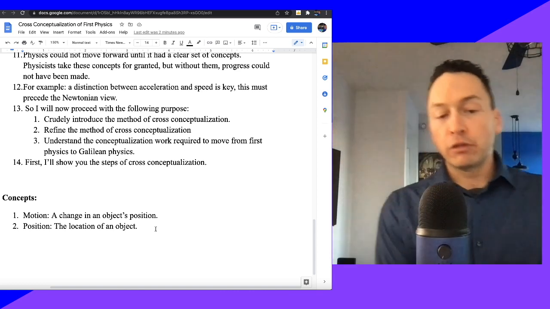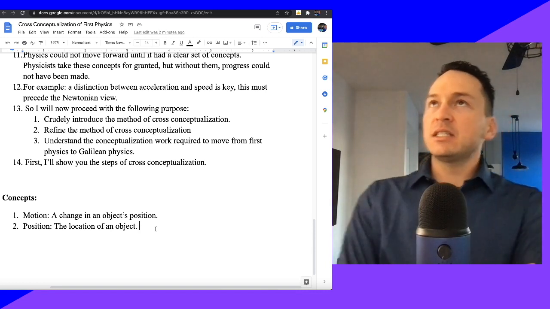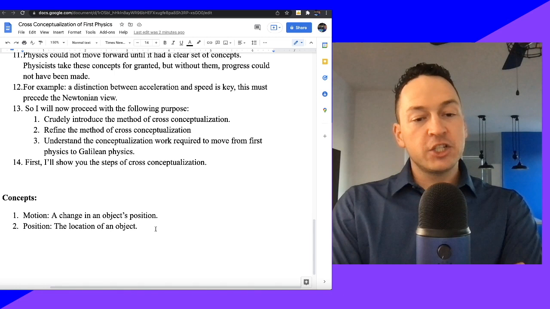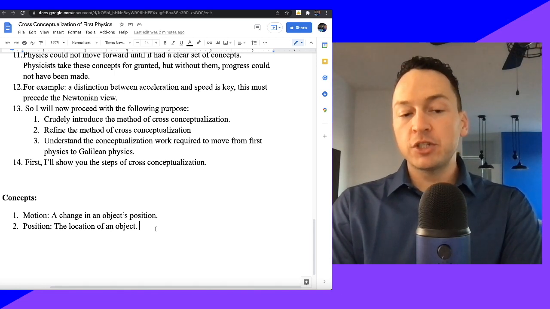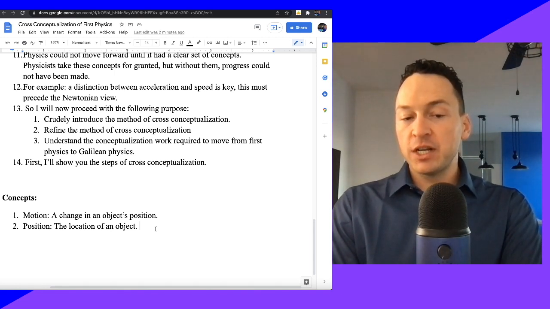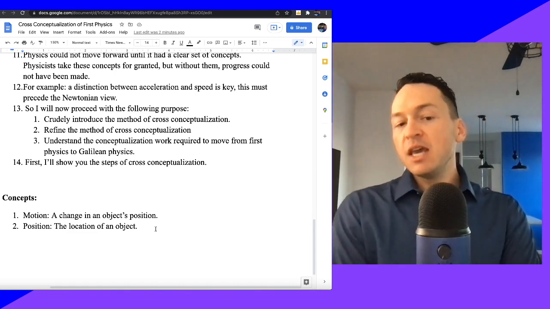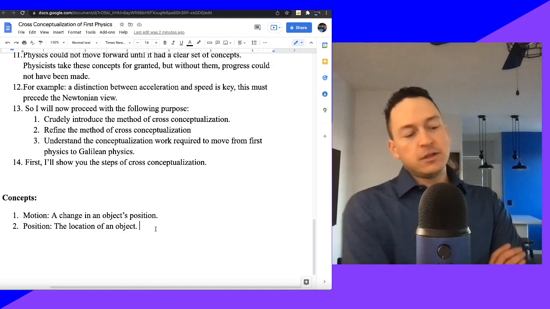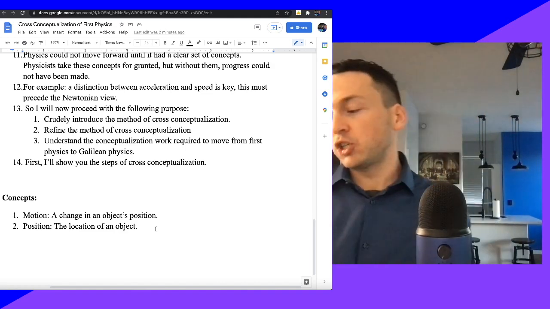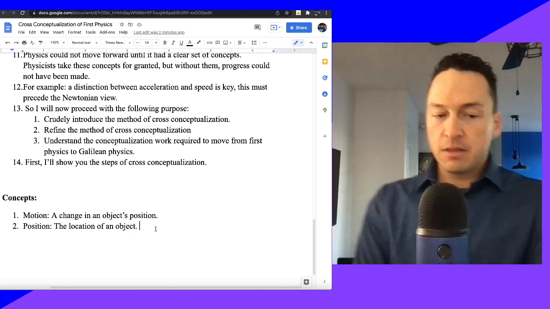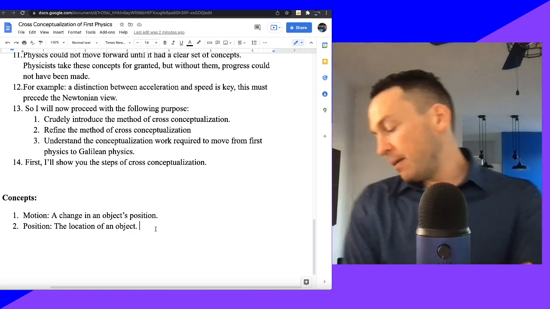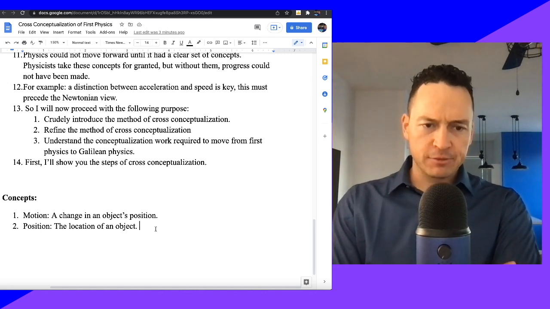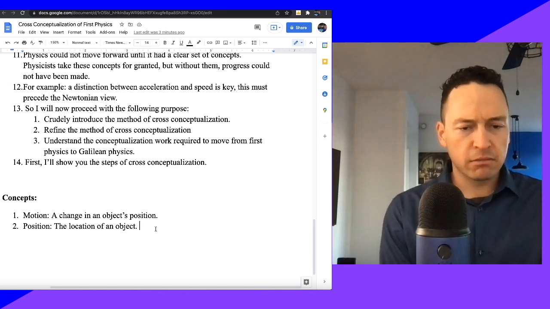So when Galileo thinks about location, he's going to say, okay, well, what does location mean? Can I reduce the concept of location? Can I explain the concept of location in terms of other concepts? Or does everything have to be explained in terms of this concept? That's going to be an issue of fundamentality, and we're going to talk about that as we move on, but this is the kind of thing to worry about.